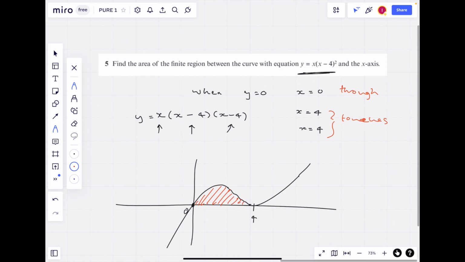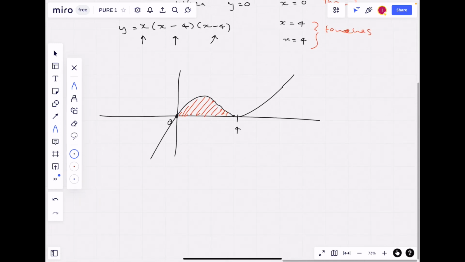So you're trying to work out the area under the graph between 0 and 4. So you write your integral for 0, because remember, larger number always comes at the top. You write your function, and it's all with respect to dx. And now it's a matter of simplifying.